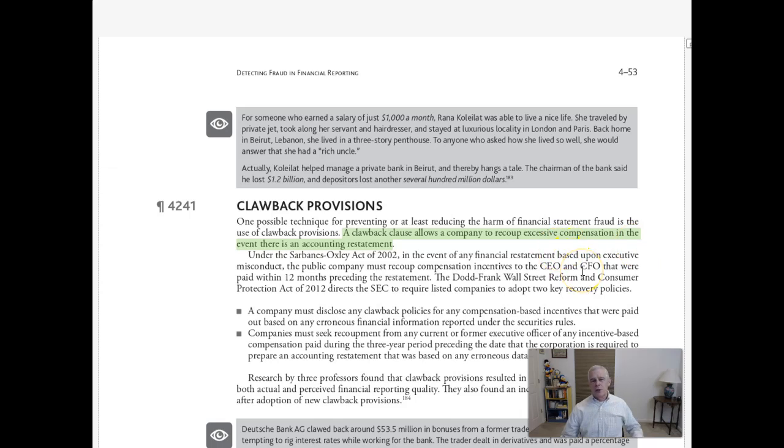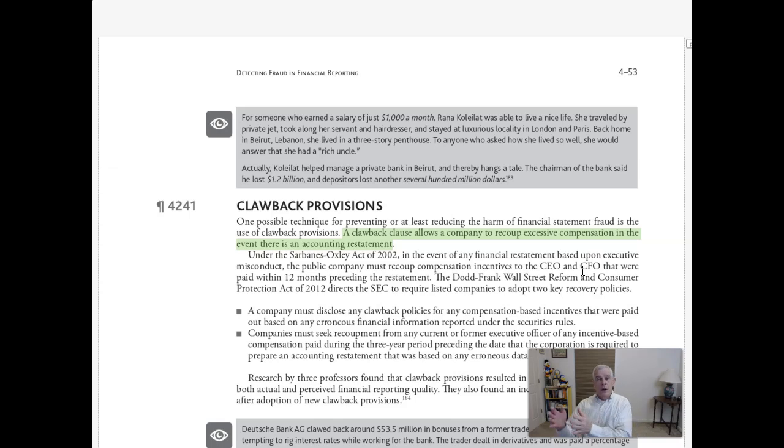Oh, clawback provision. Some companies would have this where they say, okay, upper level management, maybe CFO or CEO or whatever, your compensation is based on the results of operations, maybe net income or whatever.